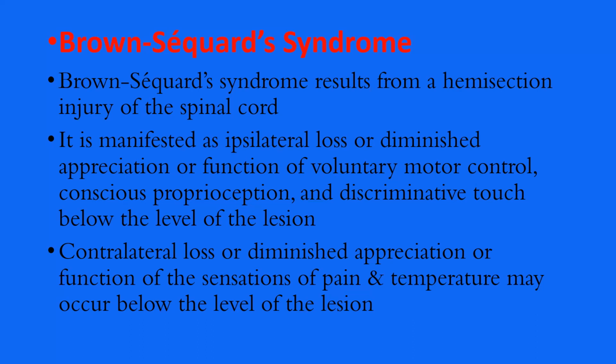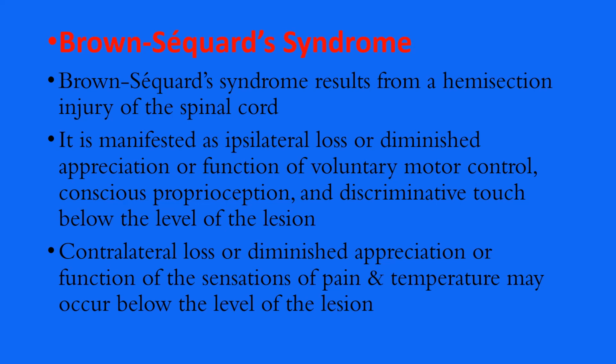What will happen? We know that the fibers of pain and temperature ascend and then they cross to the opposite side. So they will have loss of pain and temperature on the opposite side, and they will have loss of touch and motor function on the same side.